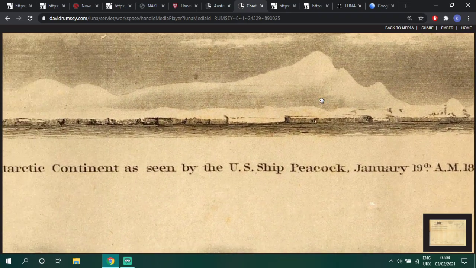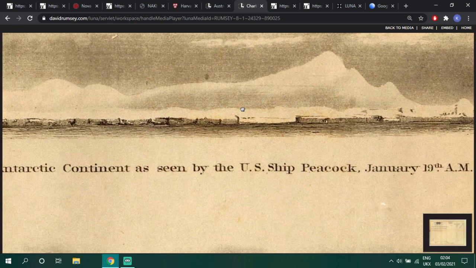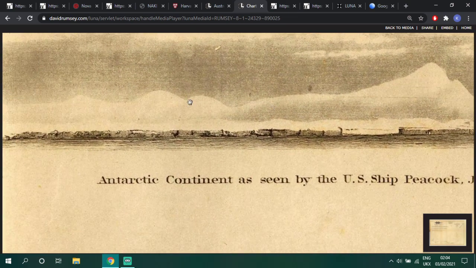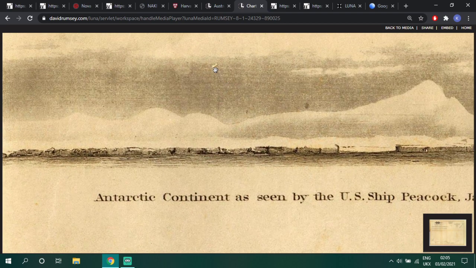So, as seen by the US Peacock, January 19th, 1840. Something in the air there. Can't zoom in further than that, but yeah, 1840. Definitely looks like a blimp in the air there. What do you think? Right there. Do you see it? That's a blimp.